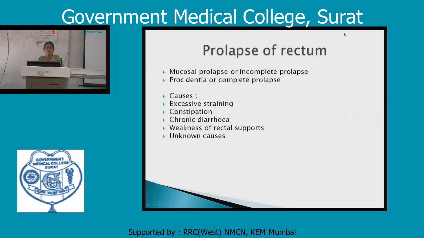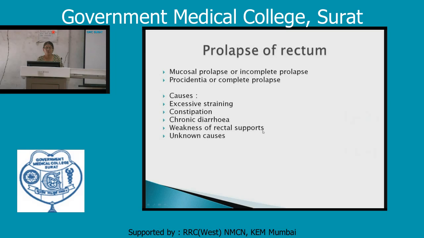Causes: what are the causes of prolapse of rectum? Excessive straining during defecation, constipation, chronic diarrhea, weakness of rectal supports. This is important. We talked about various supports, various fascias, and most important is the levator ani muscle, which forms the pelvic diaphragm.